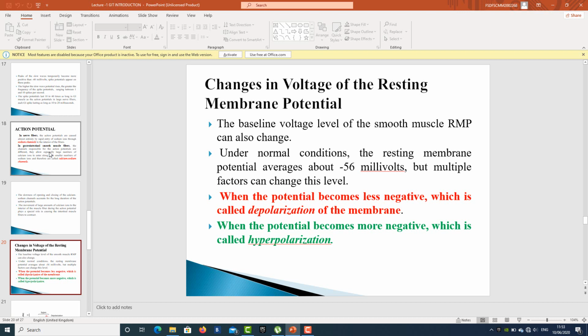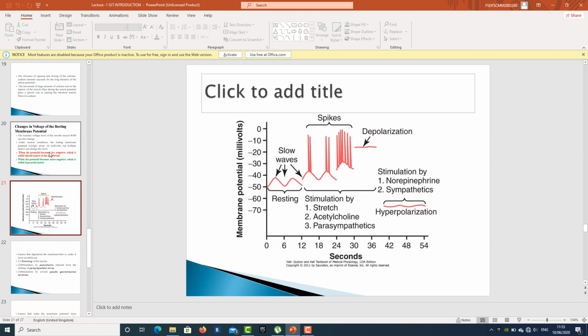When the potential becomes less negative, it is called depolarization of the membrane. When the potential becomes more negative, it is known as hyperpolarization. Hyperpolarization is more towards negativity, and depolarization is towards positivity.